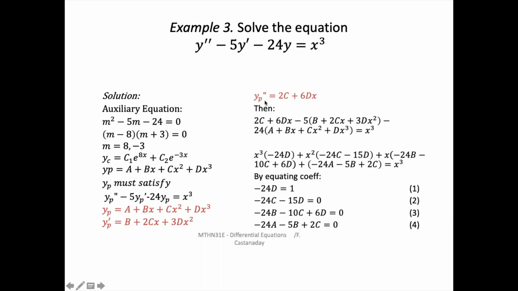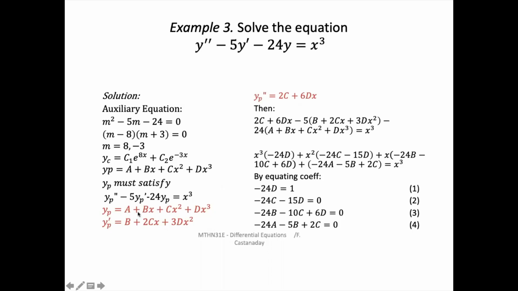And then we plug into the given equation. So y double prime, we plug it in here. So this is 2c plus 6dx minus 5 y prime sub b, which is b plus 2cx plus 3dx squared, minus 24 y sub b.